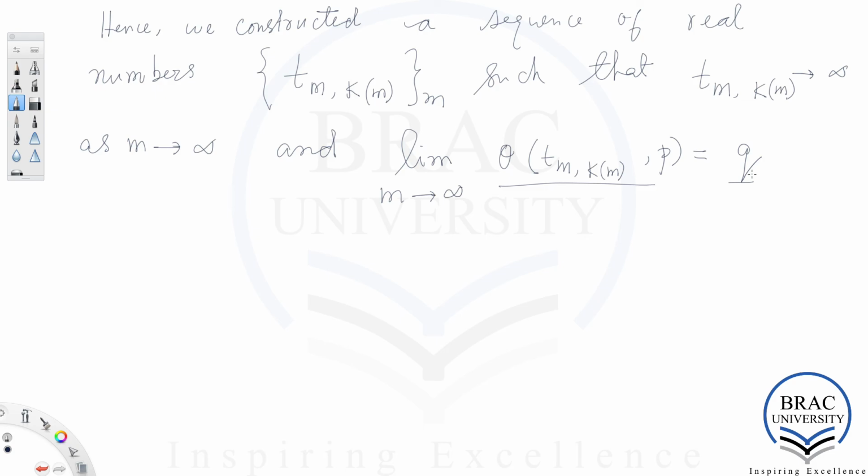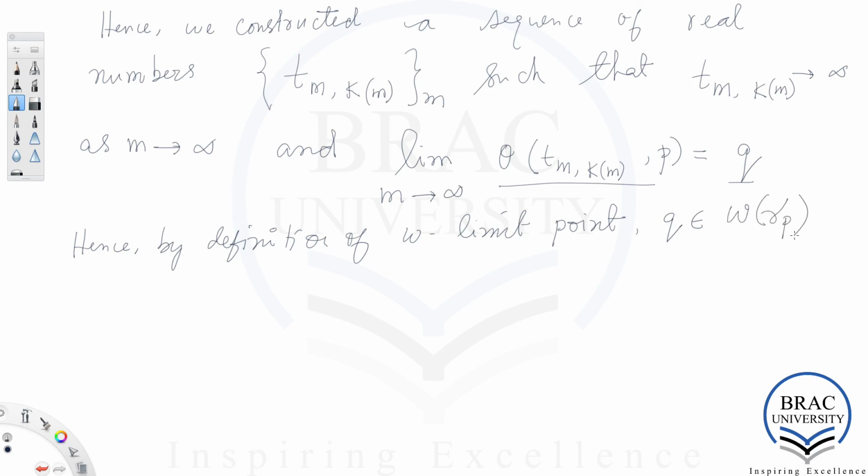So hence, by definition of omega limit point, q must be in the omega limit set of the orbit of p, right? Because such a sequence exists.